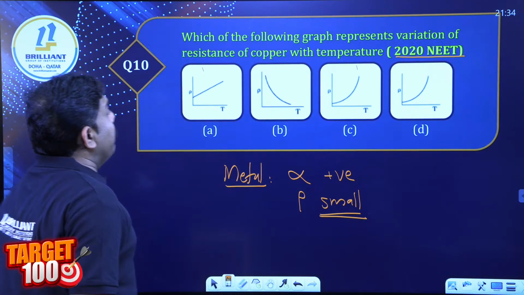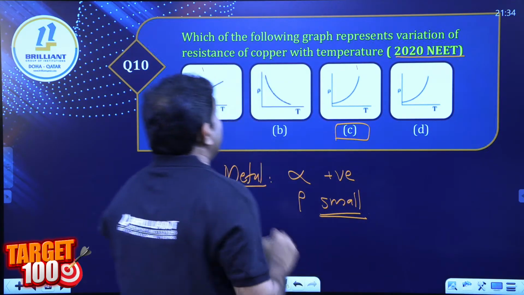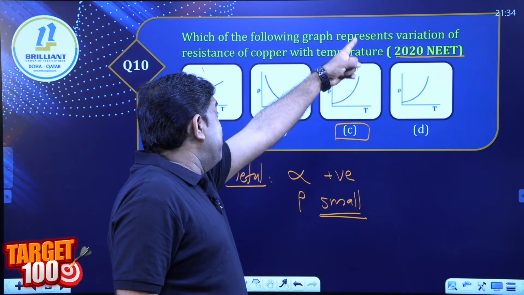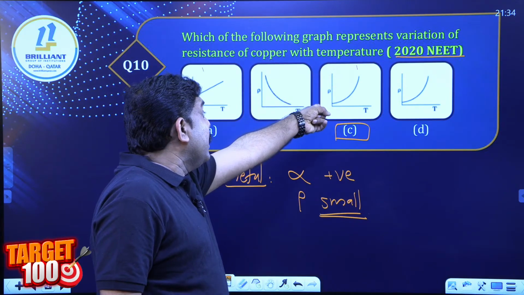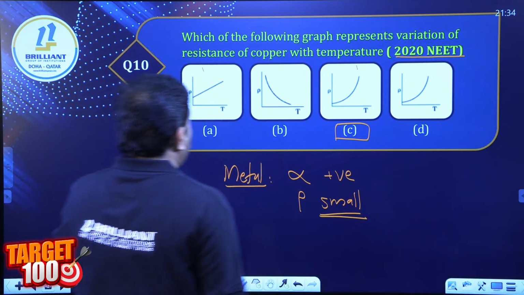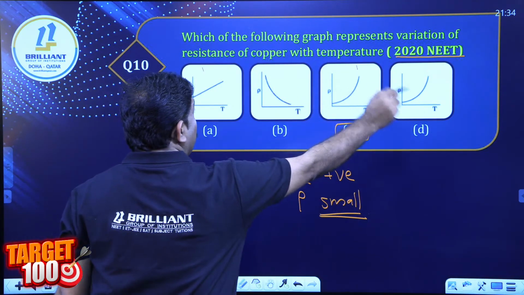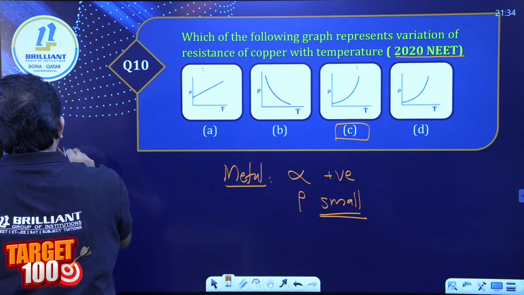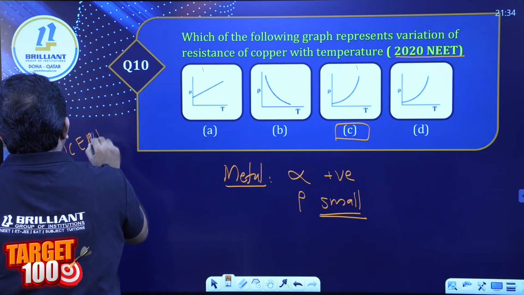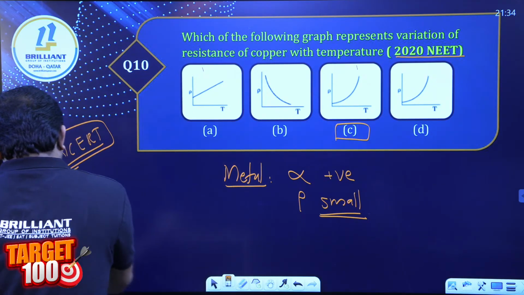So accordingly, we select option C as the right one, because it increases with temperature and its value is also low. So the right option is option C. It's a direct textbook question from the NCERT textbook. You can refer to all three graphs; these three graphs are repeated many times.